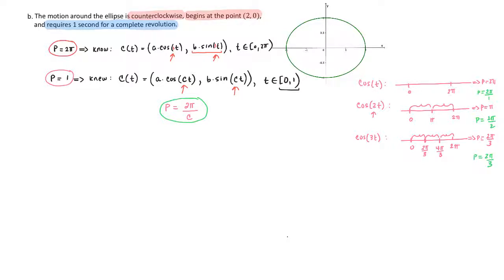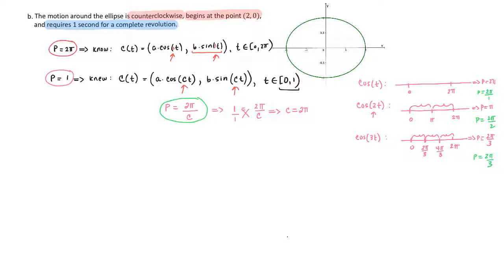What we now want here is the period to be 1. So that should allow us then to find c. If we want the period to be 1, if we're changing the period from 2 pi to 1, we have to change c. So if the period is 1, we're going to have 1 equals 2 pi divided by c, and then cross multiplying, that means that c is equal to 2 pi.